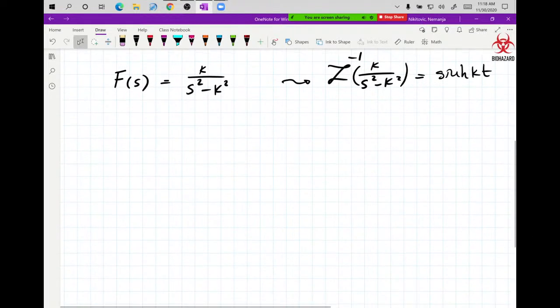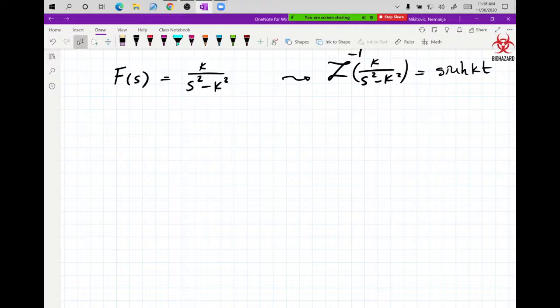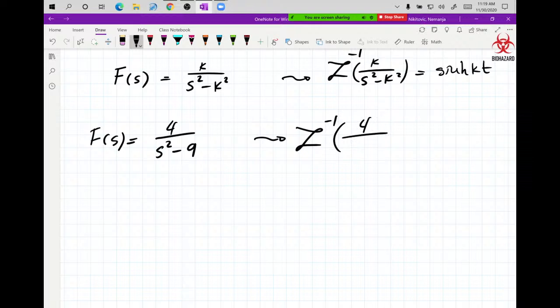And the way you would use it is, let's say you have f of s equal to 4 over s squared minus 9. Well, this 9 is actually 3 squared, which means that I need a 3 over here. So I have inverse Laplace of 4 over s squared minus 9.